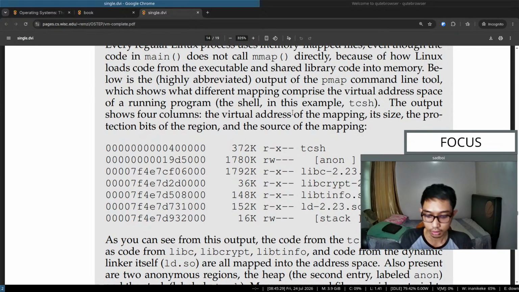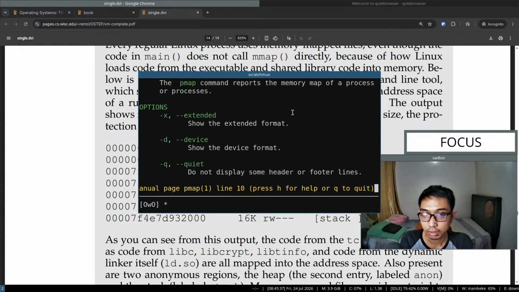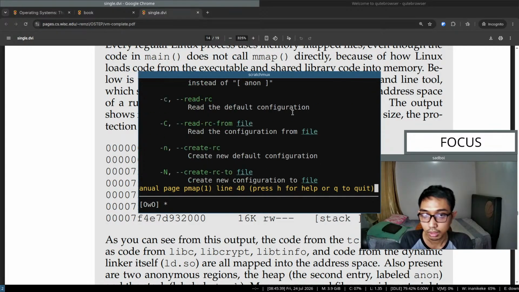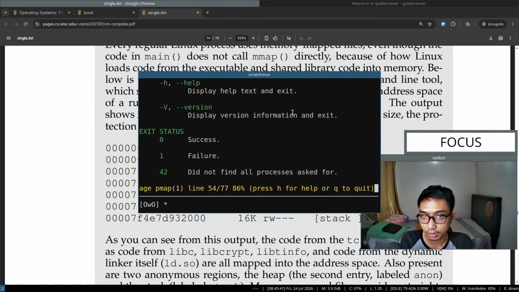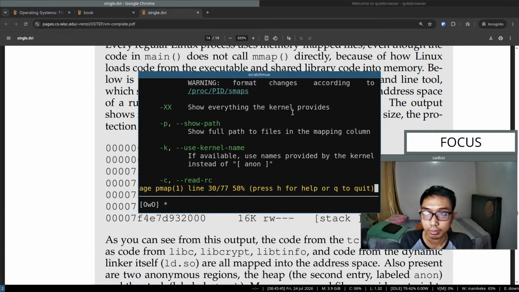Okay, I think I've taken a look at pmap before. Yeah, but I don't remember in which chapter.